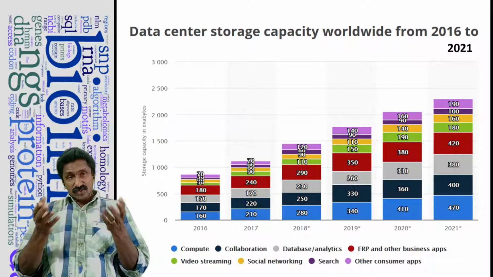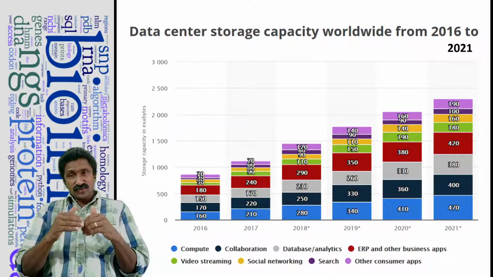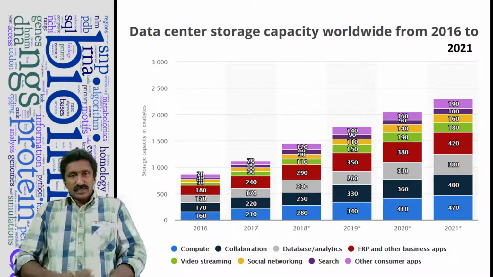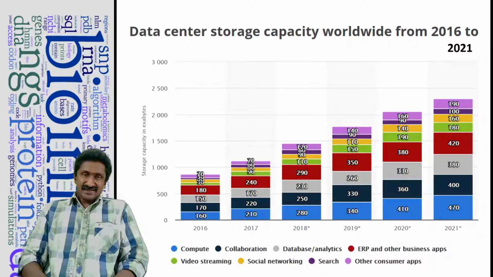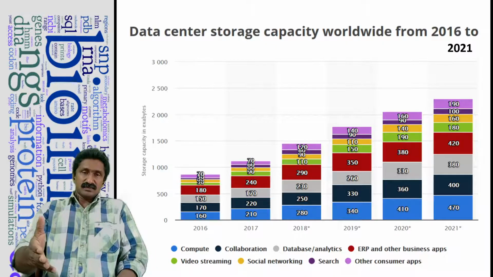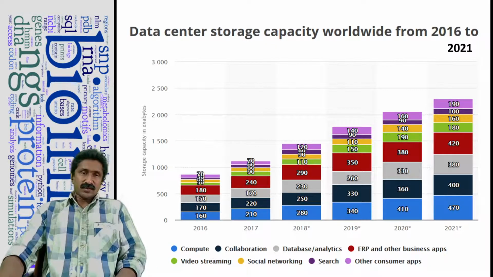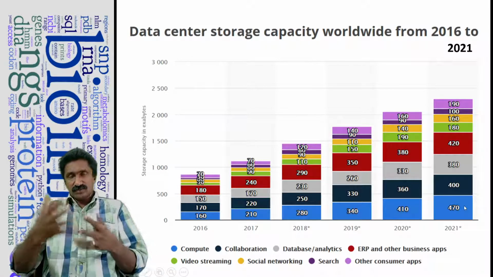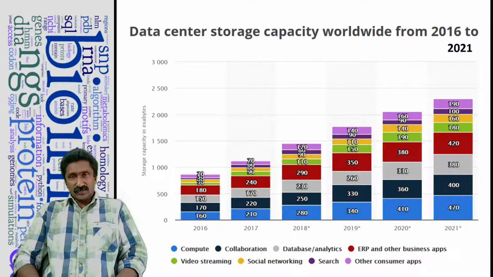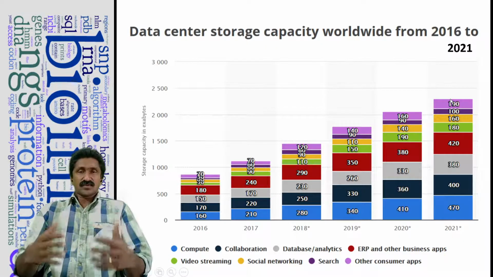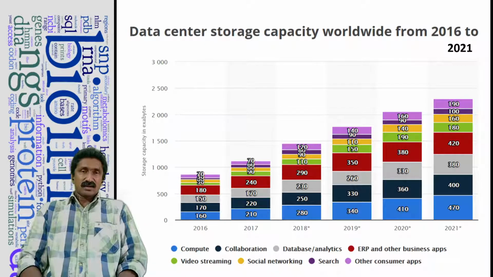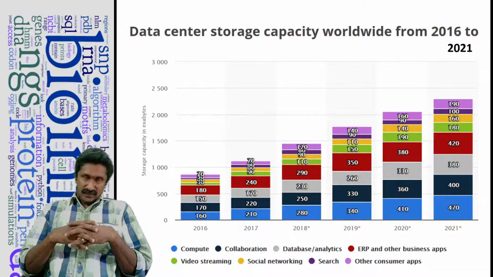And by about 2021 — this is an old graph, created in 2017 — the last four points were actually extrapolations, that means predictions of storage capacities. So in 2017, it was predicted that by 2021 about 2,200 exabytes of storage would be available in cloud storage devices and other data centers worldwide.